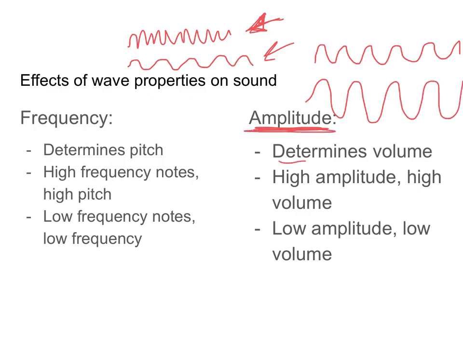If we have a high amplitude, we have a lot of energy, and that sound is going to sound louder. It's going to have a higher volume. If it's a low amplitude, it's not carrying quite as much energy, and so it's going to have a low volume. So the way that the waves are shaped directly affects the sound that we hear, whether it's the frequency determining our pitch or our amplitude determining the volume of that sound.